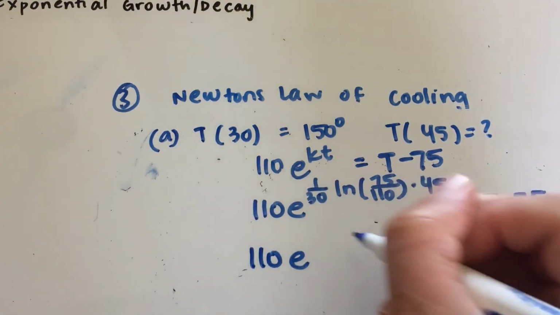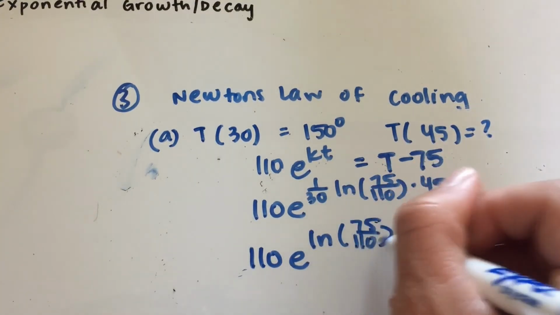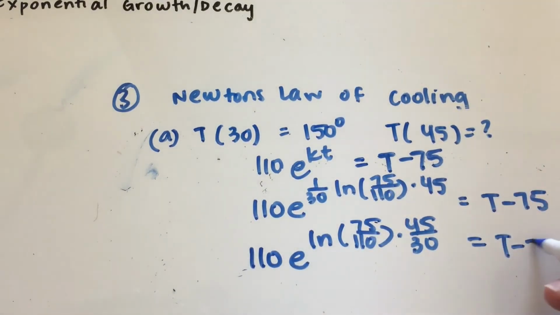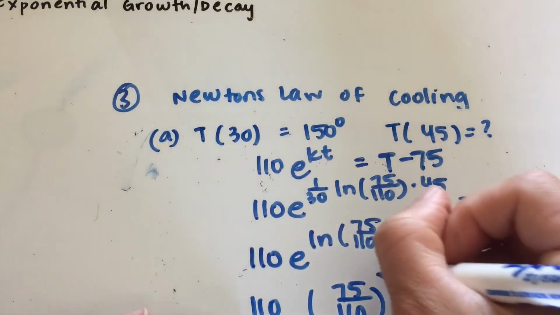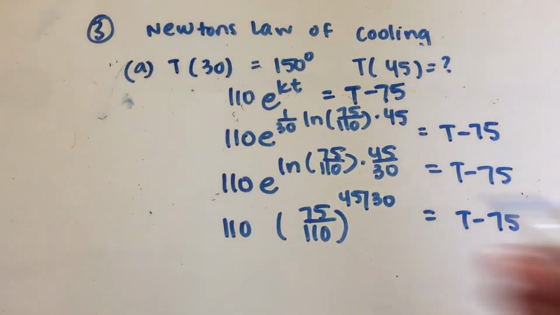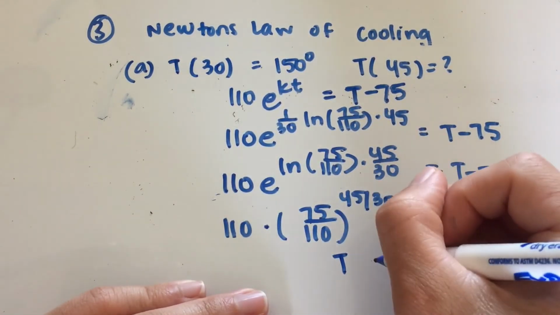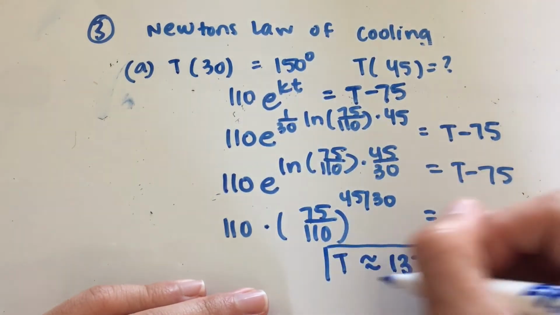And here once again we can rewrite this as e to the ln 75 over 110 times 45 over 30 equals T minus 75. So we get 110 times 75 over 110 to the 45 over 30 equals T minus 75. And now plugging this into your calculator, you get that T is approximately 137 degrees Fahrenheit.